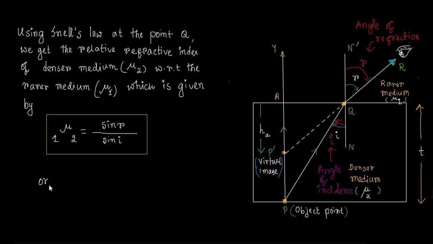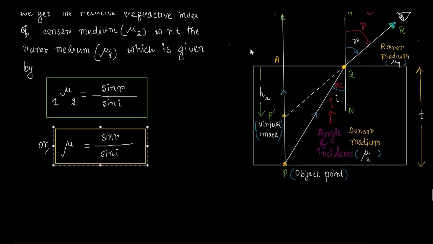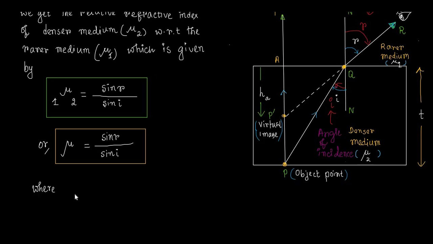Using Snell's law at the point Q, we get 1mu2 equal to sine r divided by sine i, or mu is equal to sine r divided by sine i, where mu is the relative refractive index of the denser medium with respect to the rarer medium.